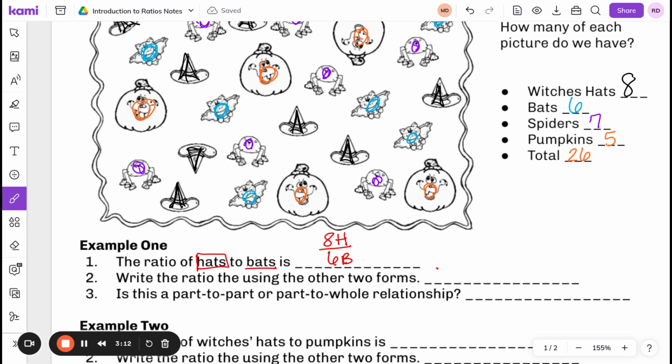So down here, I have 8 hats, colon, 6 bats, 8 hats to 6 bats. Now the last question, is this a part-to-part or a part-to-whole? So if I'm comparing hats and bats, are either of those representing the total that's in the picture? The answer is no. So this is part-to-part.